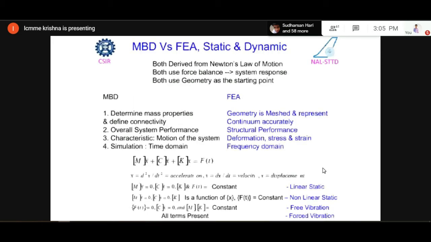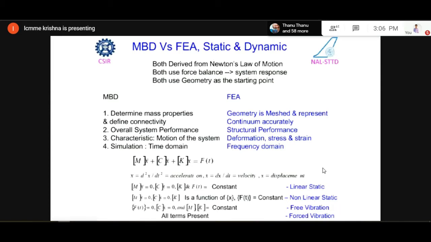With this background, I'm going to explain what is meant by finite element analysis, what is multi-body dynamics, and how to do static and dynamic analysis. Both are derived from Newton's law of motion, where they use the force balance and the system response. Both use geometry as the starting point.